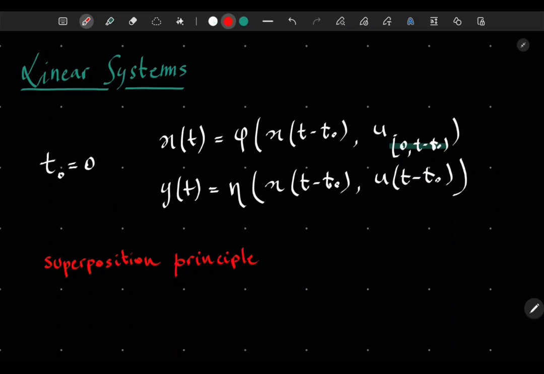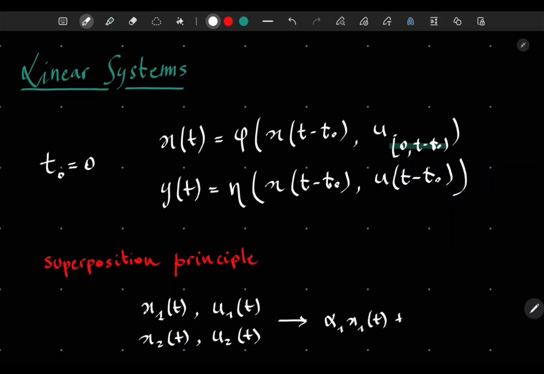This principle states that if we have two different solutions to our system, so let's say we have x1 of t under the action of u1 and x2 of t under the action of u2, starting from, of course, two different initial points, x1 naught and x2 naught, then the composition of these trajectories in the form alpha 1 x1 plus alpha 2 x2 will also be a solution of our system under the inputs alpha 1 u1 plus alpha 2 u2.